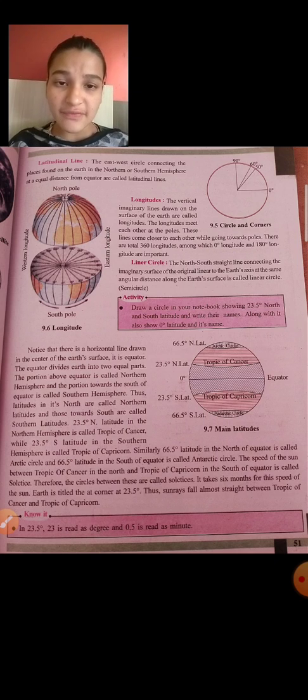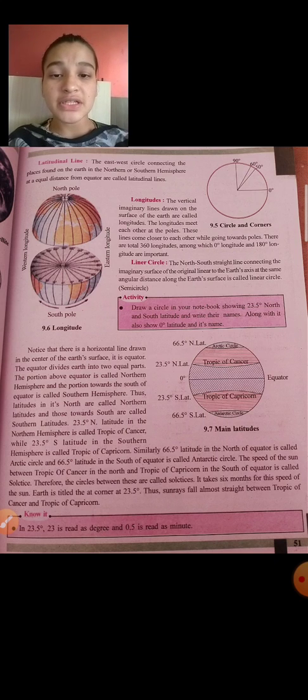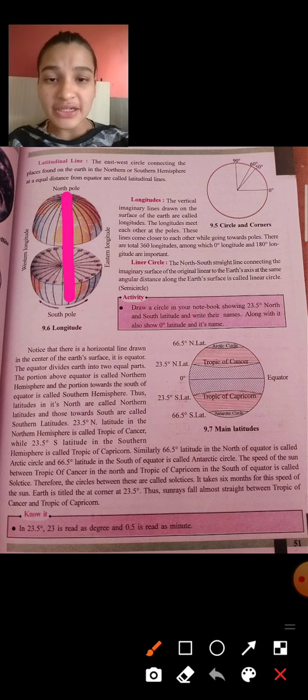Now the meridian circle: a north-south straight line connecting the imaginary line at the poles to the earth's axis, at the same angular distance along the Earth's surface, is called a meridian circle. What they are telling, in one sentence, we can say the meridian circle goes north and south, right?